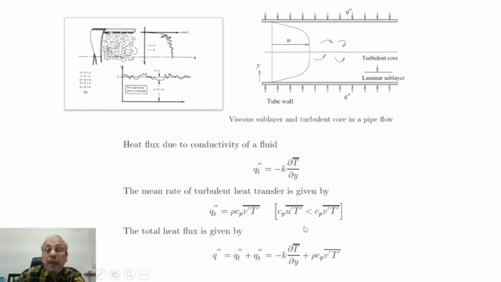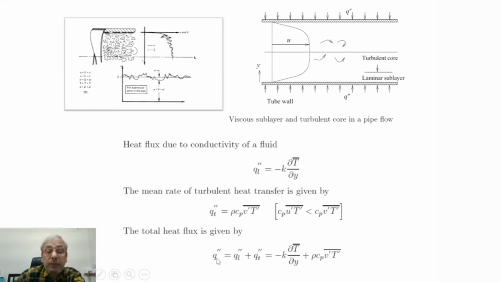And we are assuming that Cp overbar v prime T prime is greater than Cp overbar u prime T prime, so transport in the normal direction is more than turbulent transport in the streamwise direction.